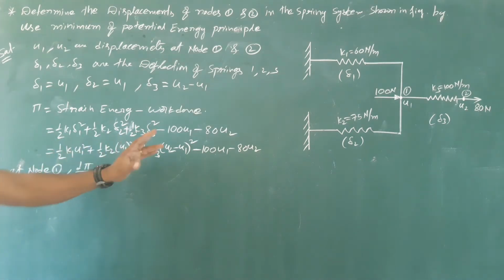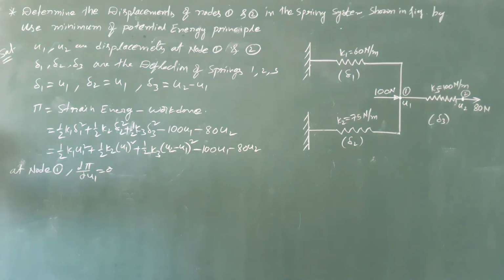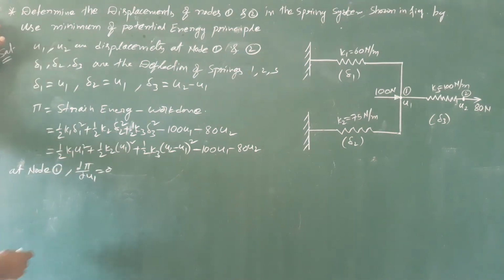Then we will get one displacement equation. So differentiate, substituting dou pi by dou U1.